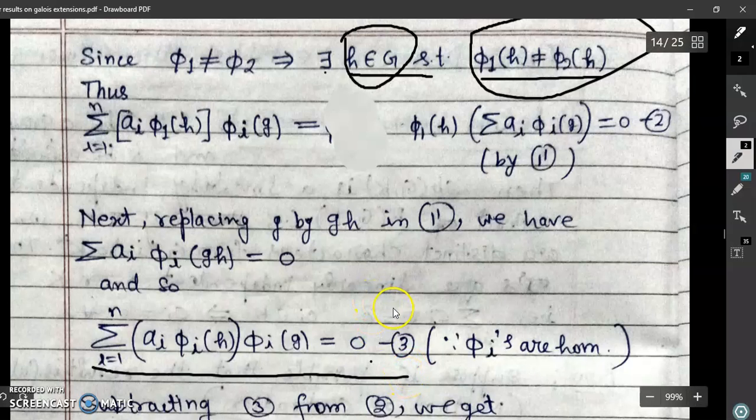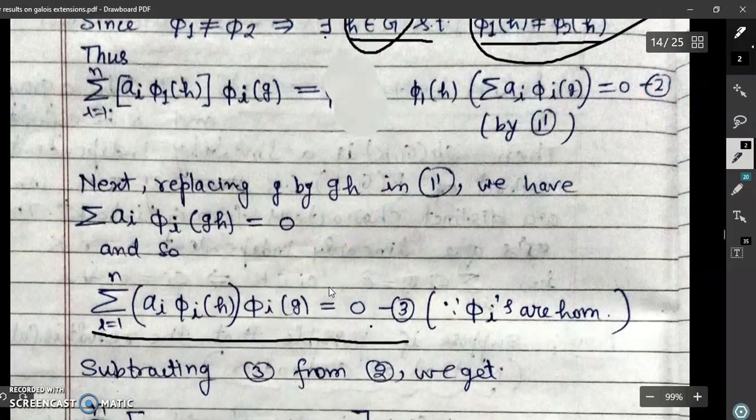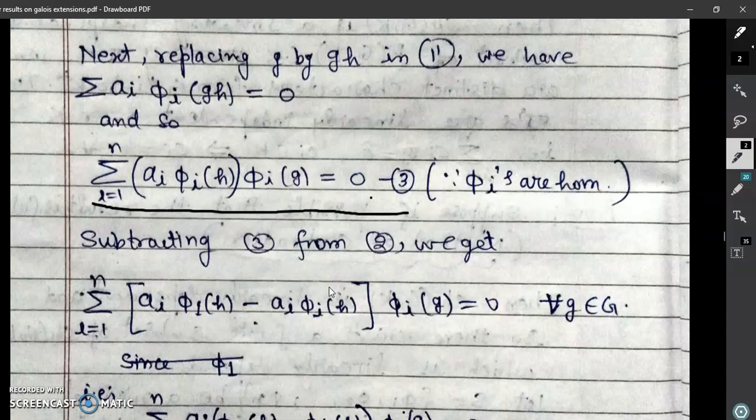Now subtracting this equation from 2 using summation convention, then it will be summation i is equal to 1 to n of a i phi 1 h minus a i phi i h, into phi i g, is equal to 0 for all g. Now a i is common in both, so we may write it as a i into (phi 1 h minus phi i h).